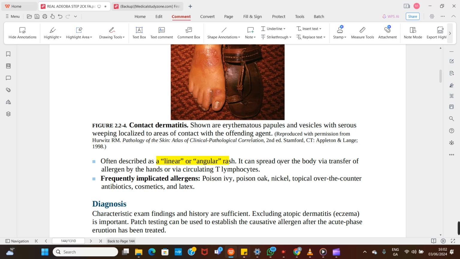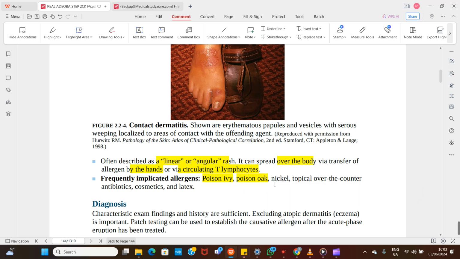And they can spread all over the body by the transfer of the allergen, maybe from the hands or the limbs, or by the circulation of the sensitized T lymphocytes. So these are the frequently implicated allergens that you must never forget: poison ivy, poison sumac, poison oak, right?